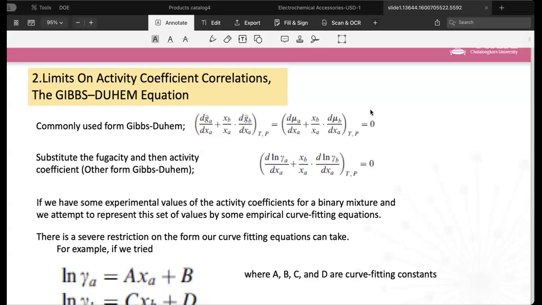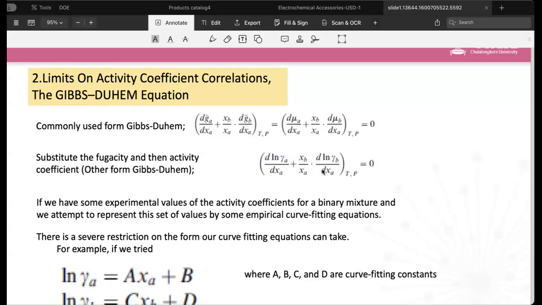Do you remember the Gibbs-Duhem equation? This equation? No? Yes or no? I think before the midterm you learned it. It's developed by Gibbs and Duhem. Okay, all right, no problem.